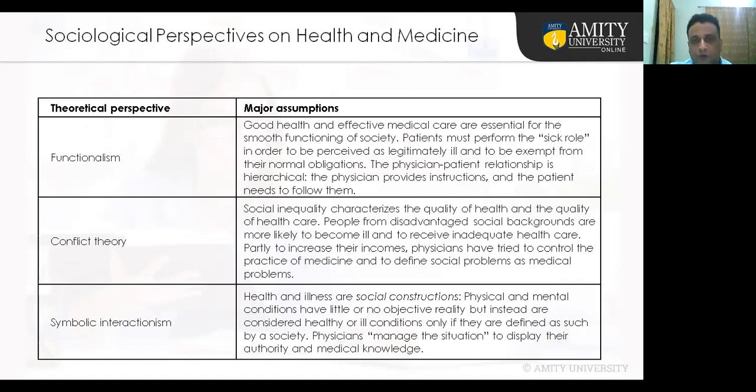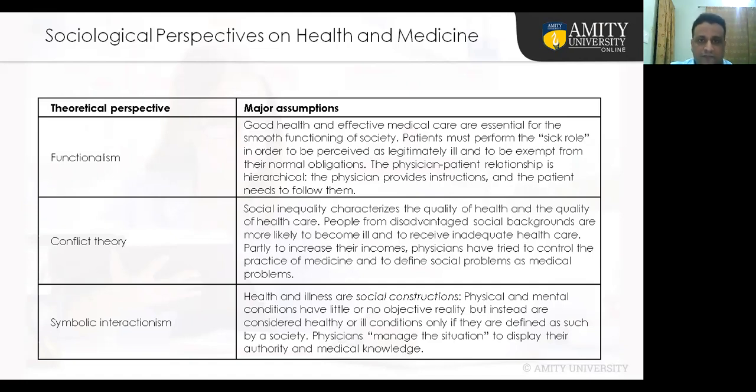Patients must perform the sick role in order to be perceived as legitimately ill and to be exempt from their normal obligations. The physician-patient relationship is hierarchical. The physician provides instruction and the patient needs to follow them.